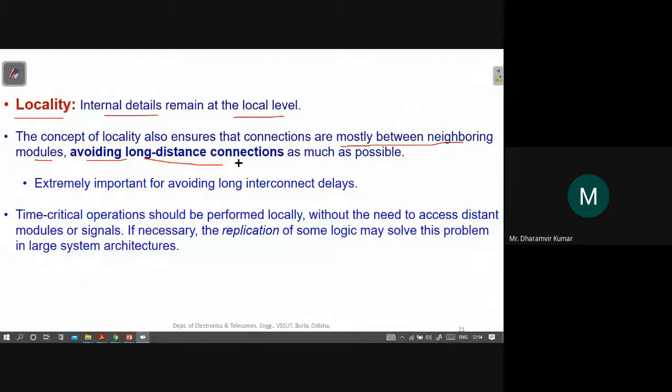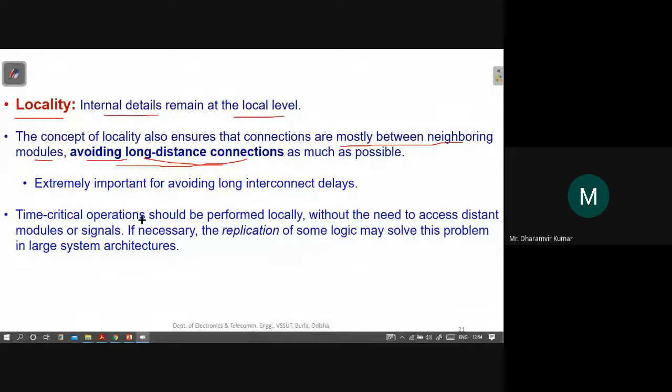So the device introduces some delay, and at the same time the connecting wires are also introducing delays in the operation. So we should avoid long distance connections within the chip in order to make the chip a bit faster.